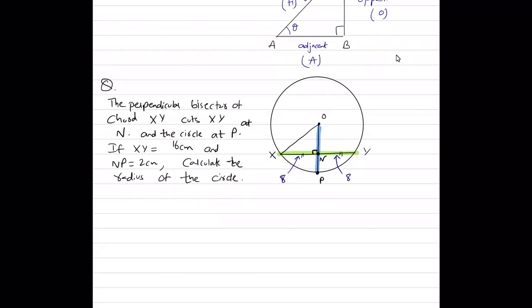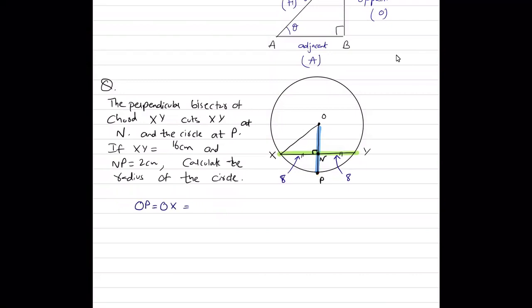Now would you agree that OX is the radius? Would you agree that the length OX is the radius of the circle? Yes. And would you agree that OP is also the radius? Yes.